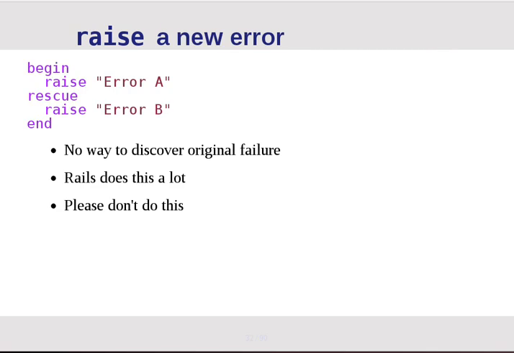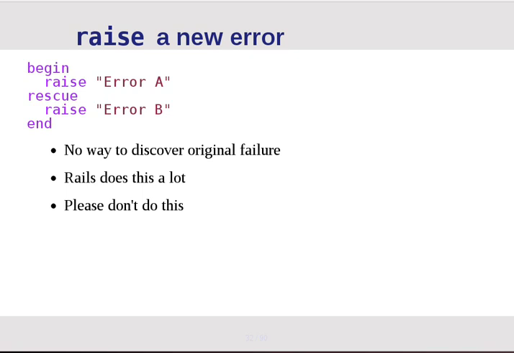What happens if we raise another exception while handling an exception? Well, if we simply raise a new error, then the original exception will be thrown away, and the new error will be propagated. If you do this, there is no way to discover what the original failure was.